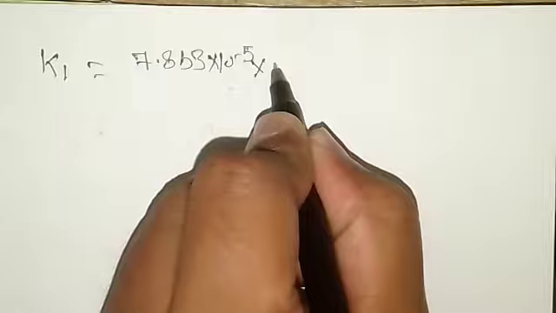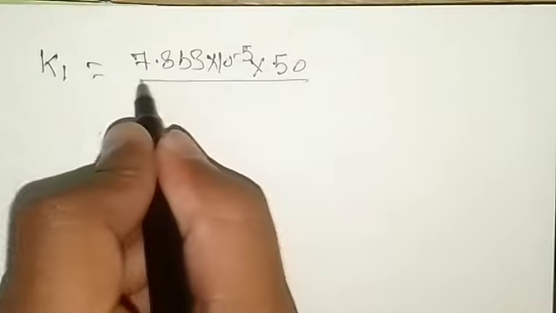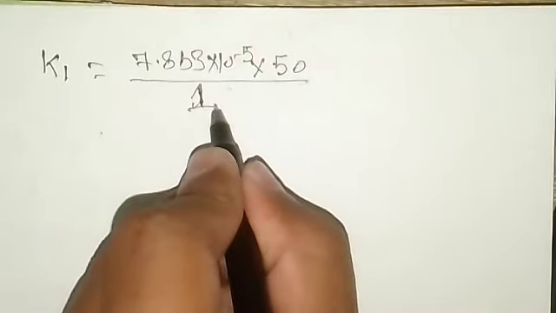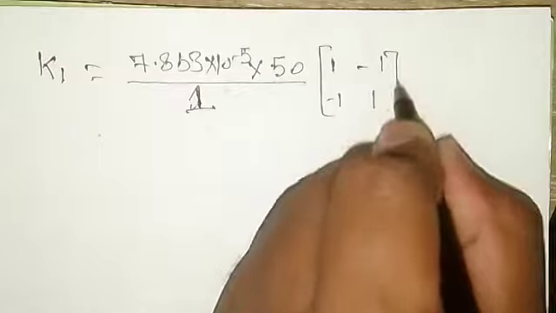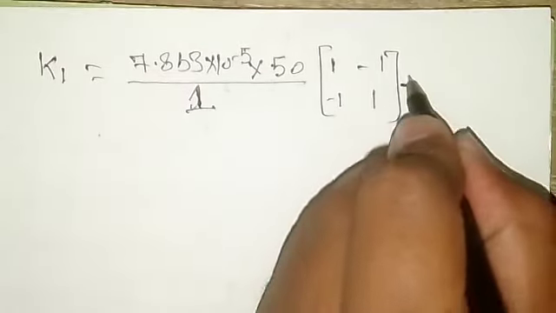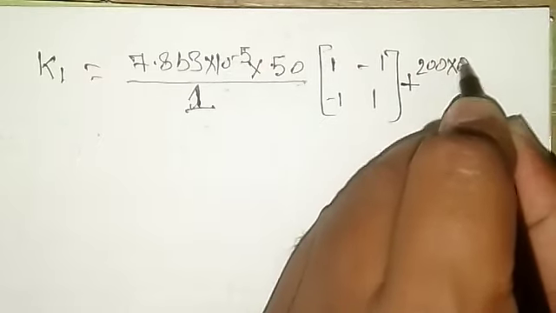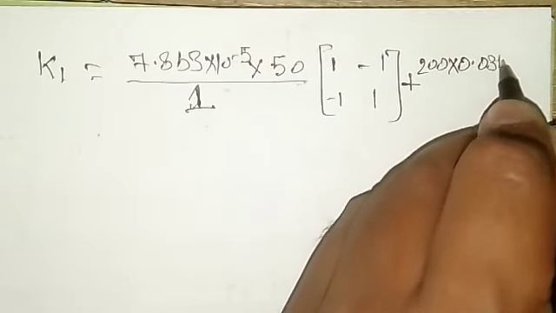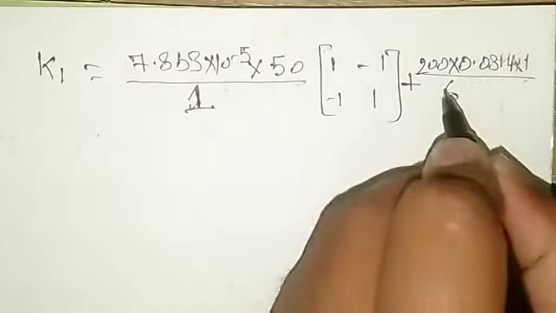K is equal to 50, right? And L is equal to 1, right? Into the matrix 1 minus 1, minus 1 1. Alright, plus H is equal to what? H is equal to 200. Perimeter we calculated 0.0314. HPL into 1 by 6, right?